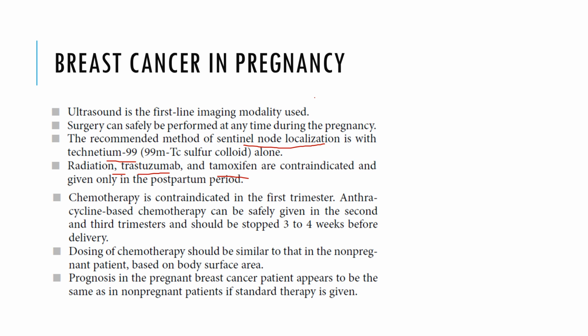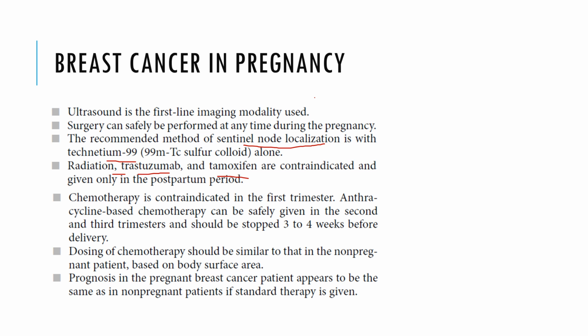So if you find a tumor, you categorize that. You do the surgery during pregnancy itself, but radiation is started only after pregnancy. Trastuzumab, if HER2 positive, is started after pregnancy. Trastuzumab can cause cardiotoxicity in any individual.